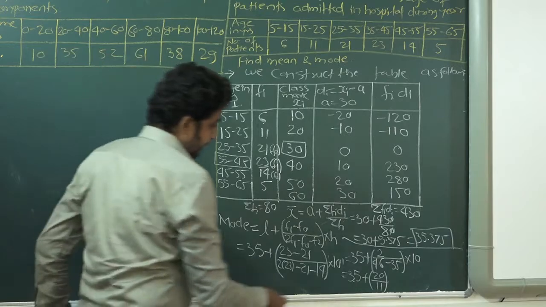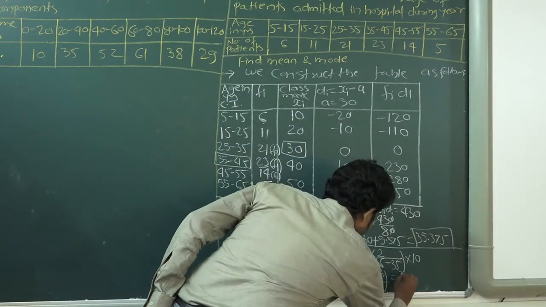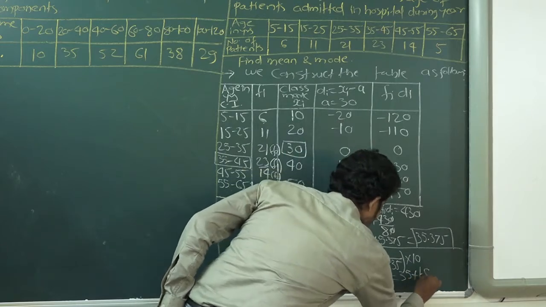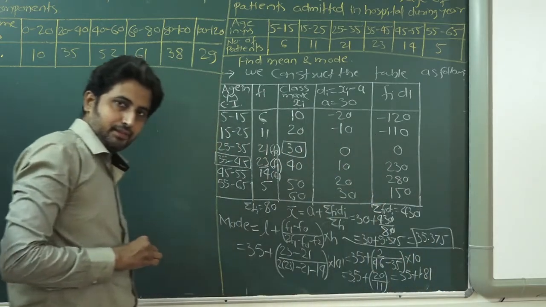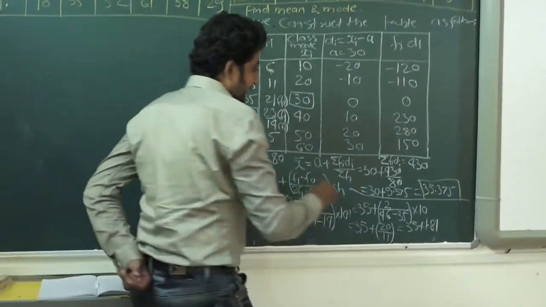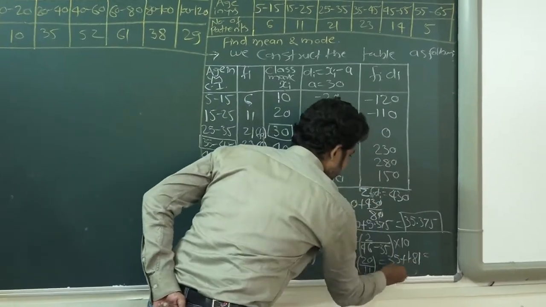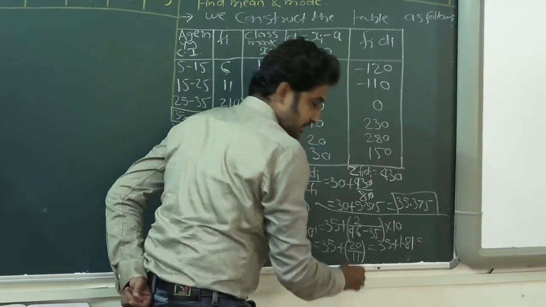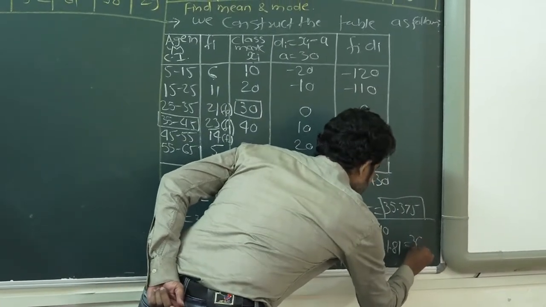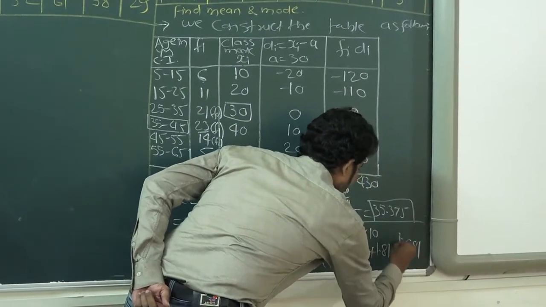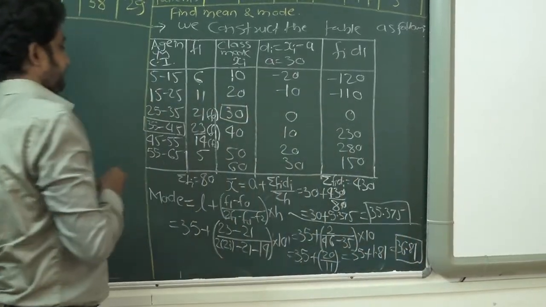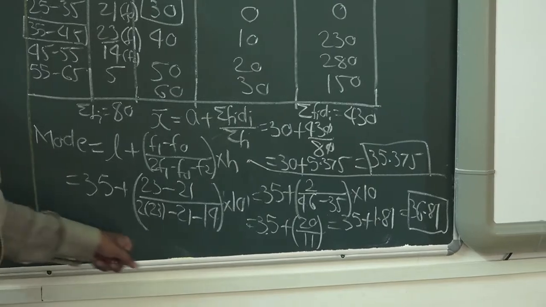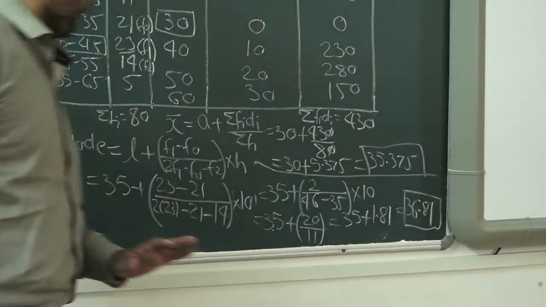Now if you perform this division, it is 35 plus 20 upon 11, that becomes 1.81. If you add 35 plus 1.81, that becomes 36.81. And this is our mode.